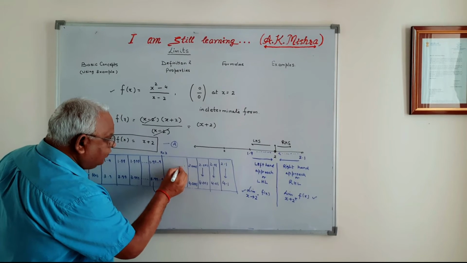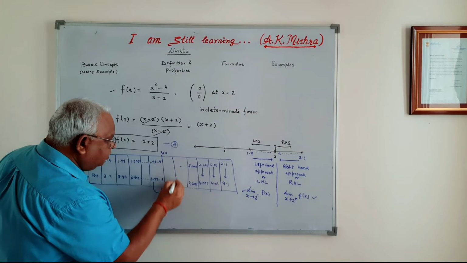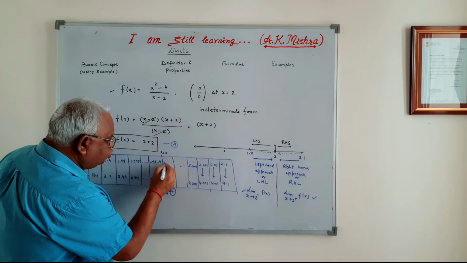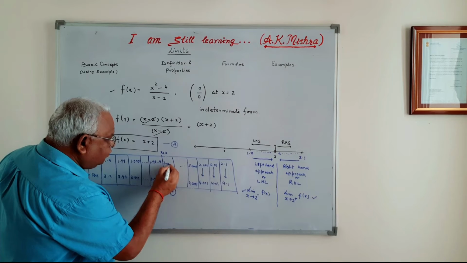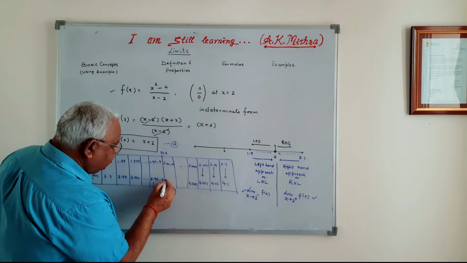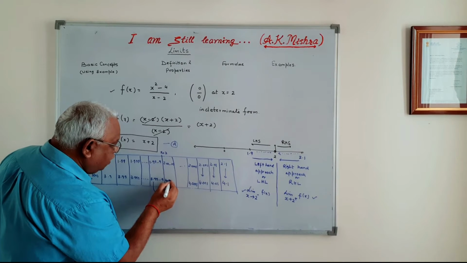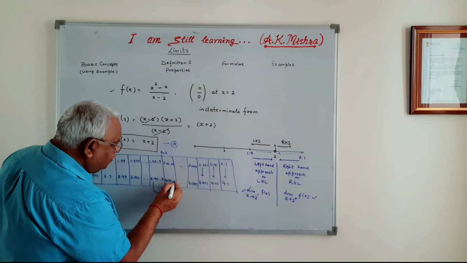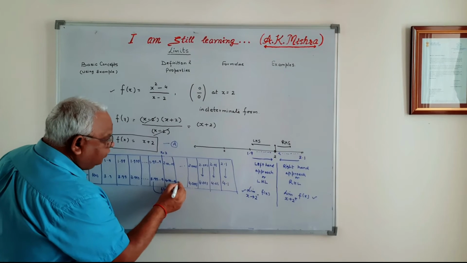And likewise, when you take 2.00 with so many zeros and then 1, the value will be 4.00 with so many zeros and 1.